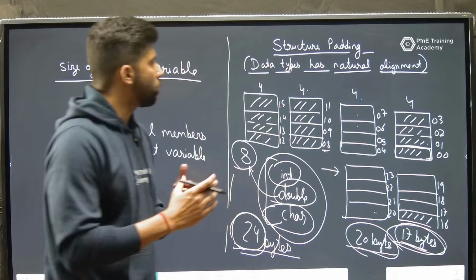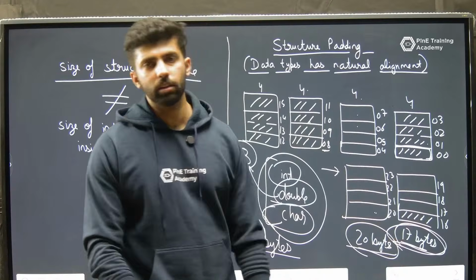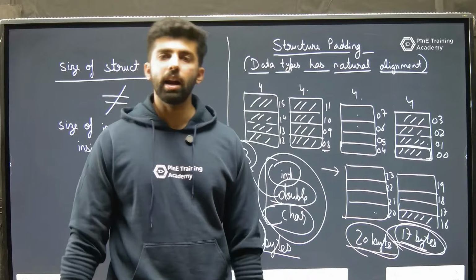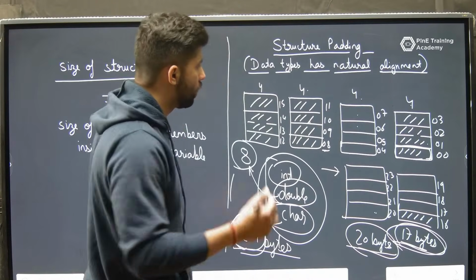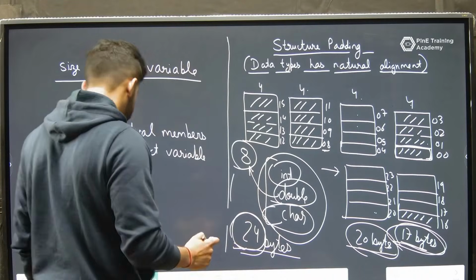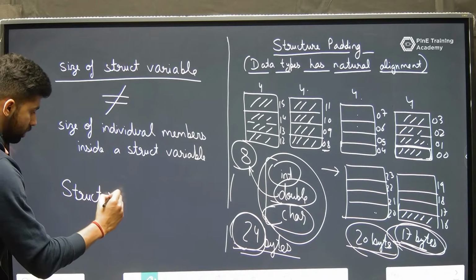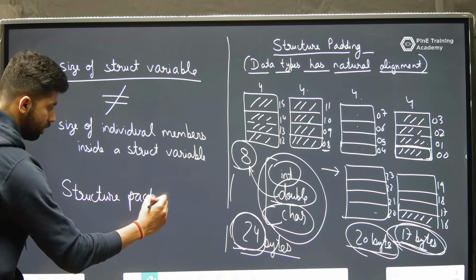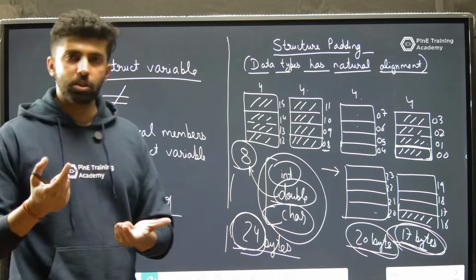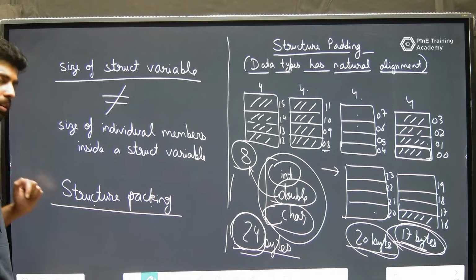Okay, to counter structure padding, now suppose you don't want the space to be left. You are saying that, okay, we are wasting too much space and I don't want it. You can simply use structure packing. So to counter structure padding, you will have to do structure packing.